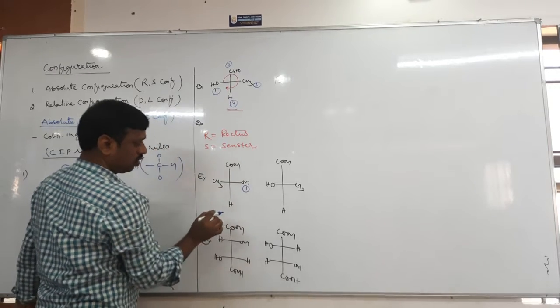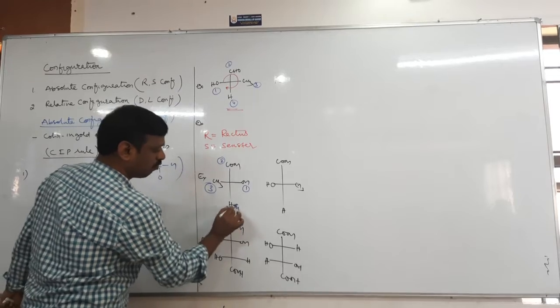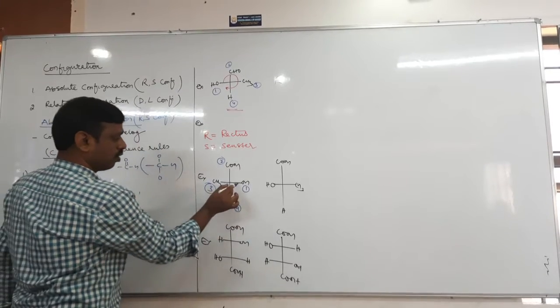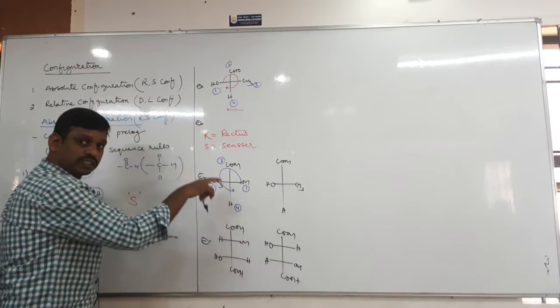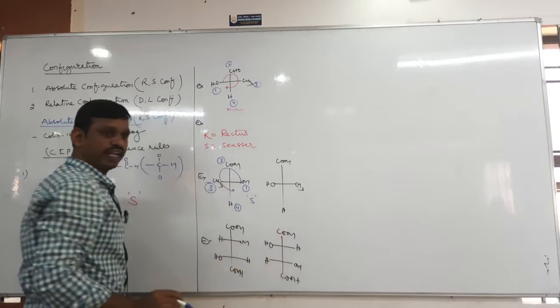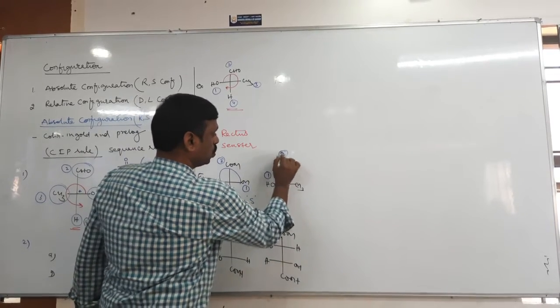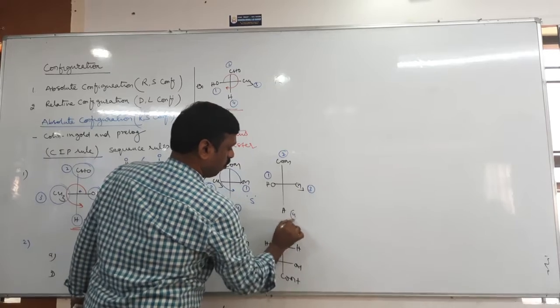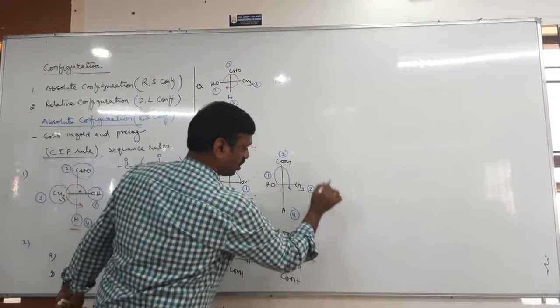Oxygen 1, next CO2, carbon 3, 4. 1, 2, 3. So the fourth priority group must be on the vertical line, therefore it is an S configuration. Next, tell me this. 1, 2, 3, 4. So clockwise, therefore it is an R configuration.